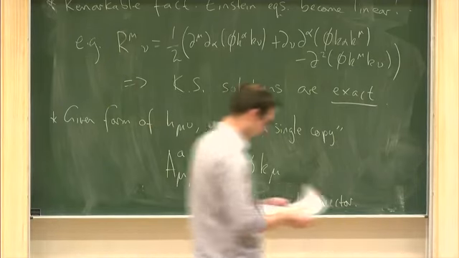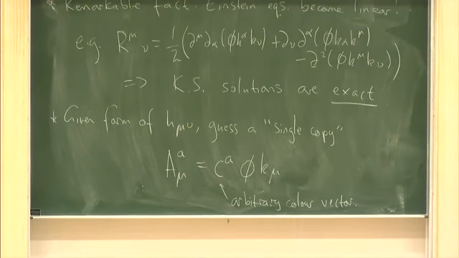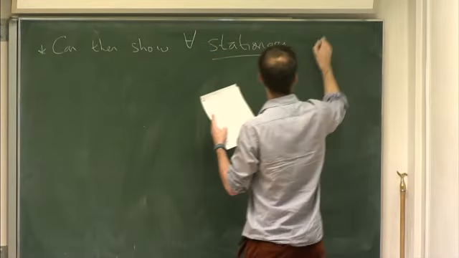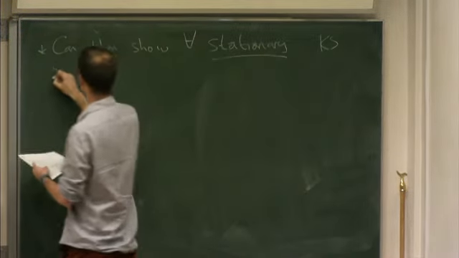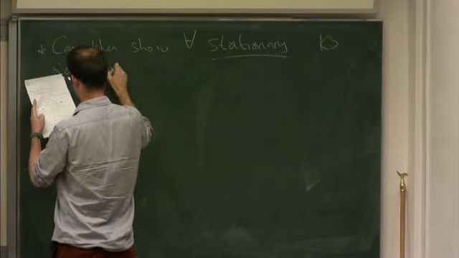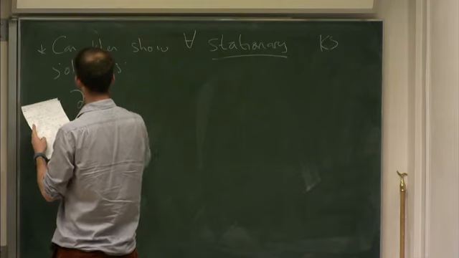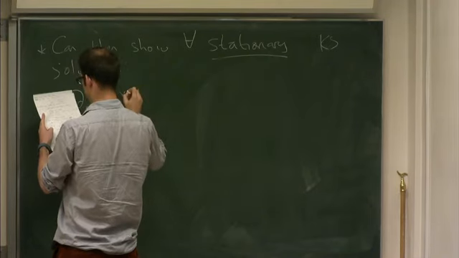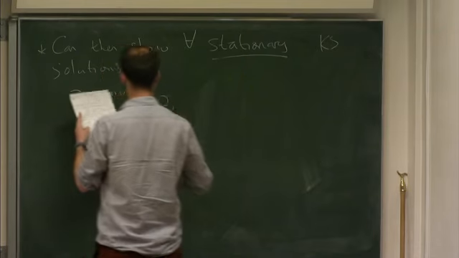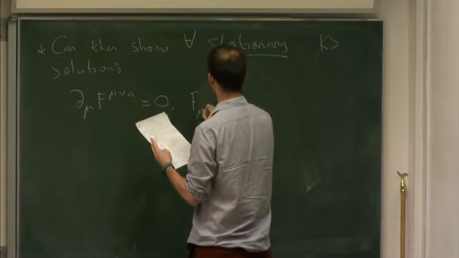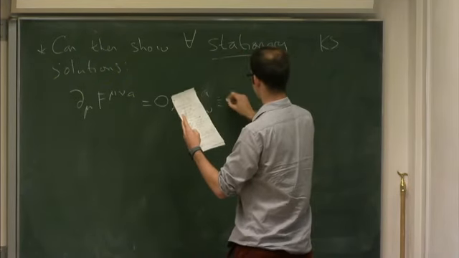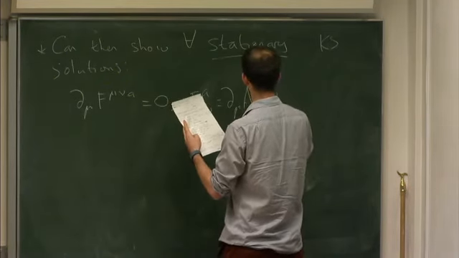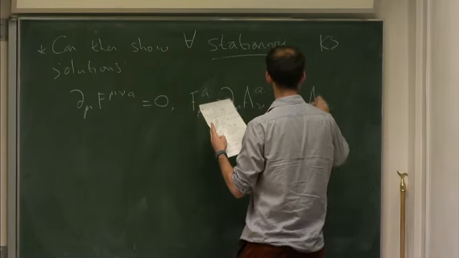And in fact, you can prove the following. So we can then show for all stationary Kerr-Schild solutions that d mu f mu nu a is 0, where f mu nu a is the usual field strength tensor. So it's d mu a nu a minus d nu a mu a.